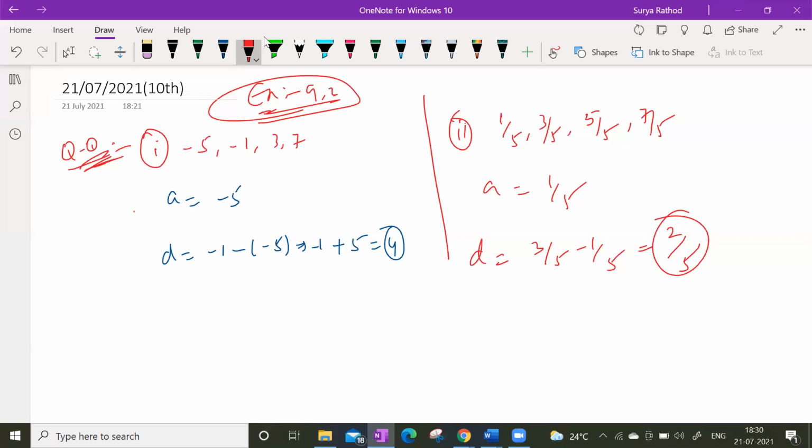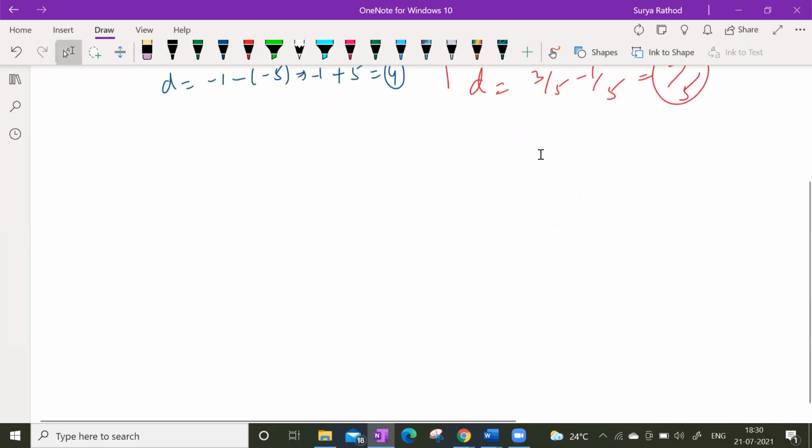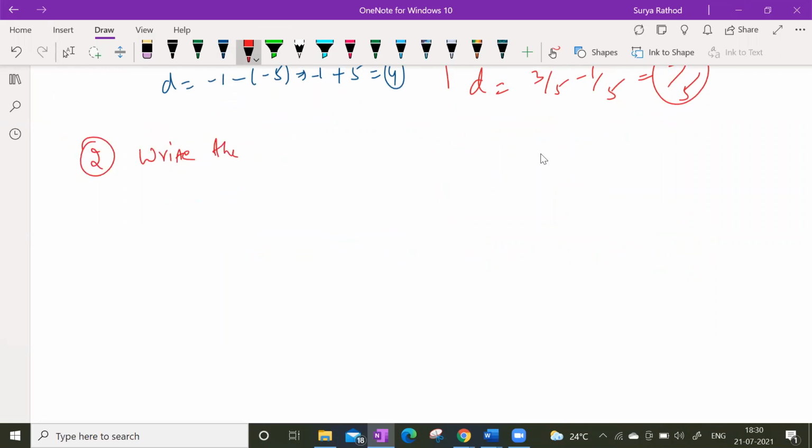Write the arithmetic progression when first term A and common difference D are as follows. So he has given first term and common difference. In the second question he is asking to write an AP. In the first part he has given that A is equal to 4, D is equal to minus 3.